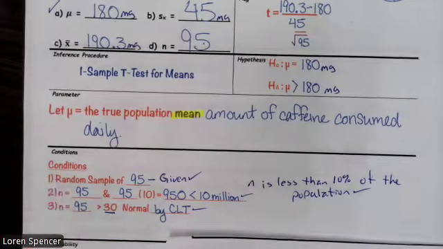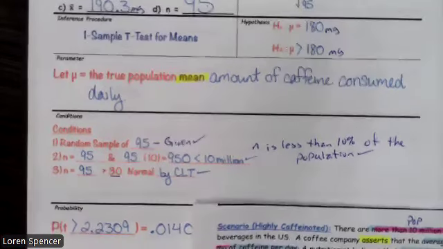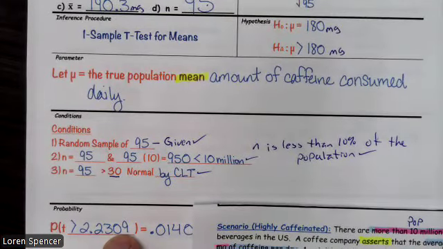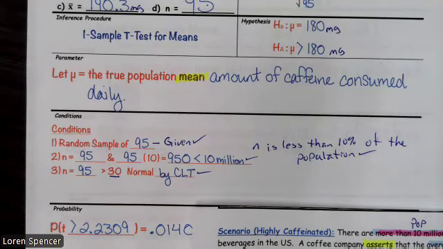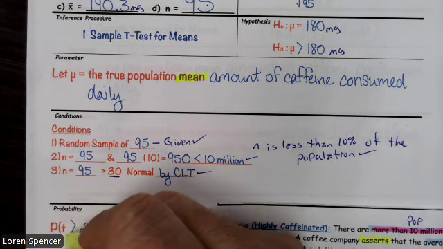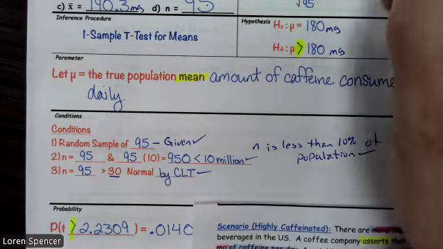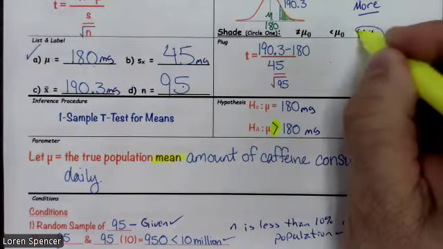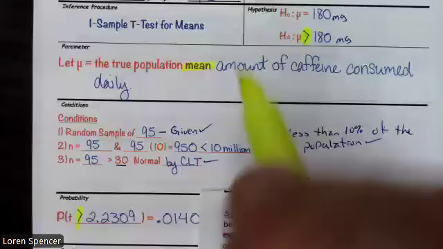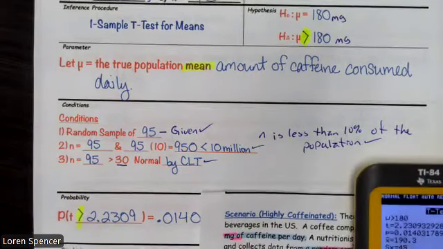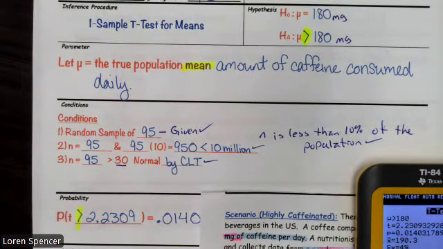So the probability that t is greater than 2.3109, by the way, this greater than sign came from my alternative hypothesis, which is also the same as what I marked up here. So those things always need to be the same, is 0.0140.